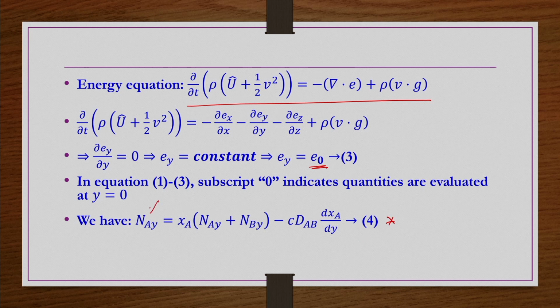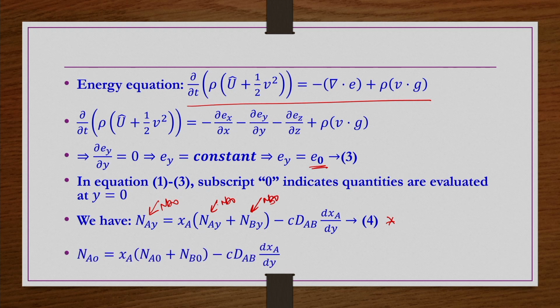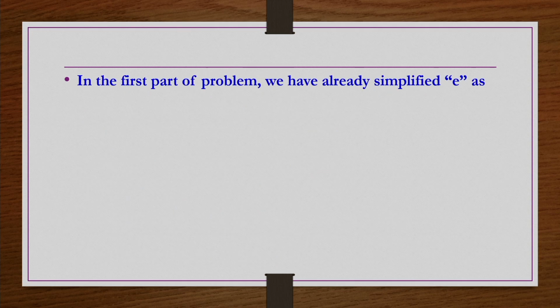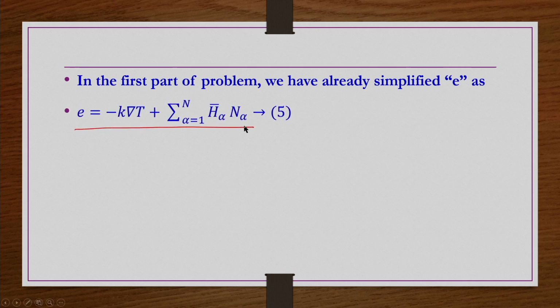So, now here in place of NaY you have to write Na naught, and then in place of NBY you have to write NB naught, right. So, when you write, you get this equation. Now, here up to this point we have simplified in the part A, right. So, it is same here also, exactly same, right.